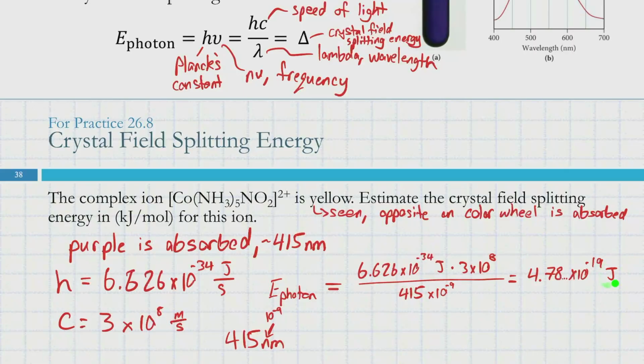This is the joules per what? Per one photon, per complex ion. So we have to multiply by Avogadro's number.